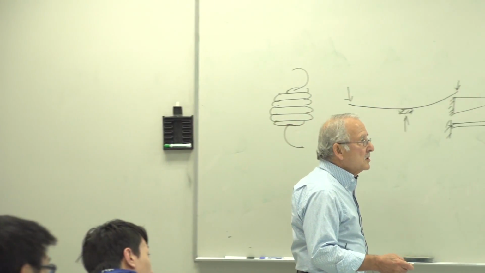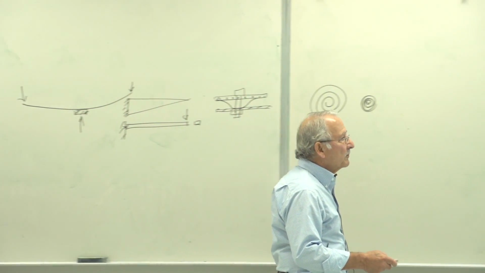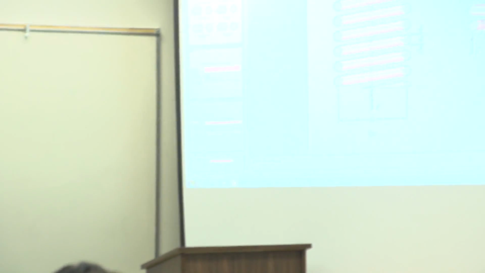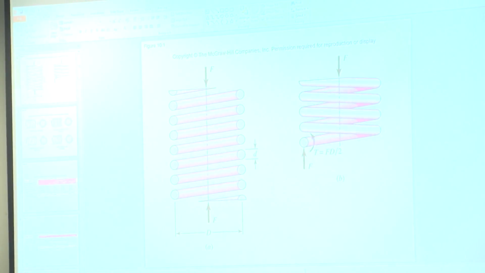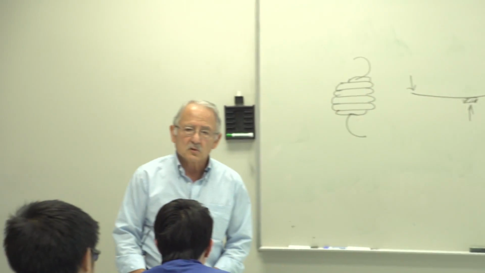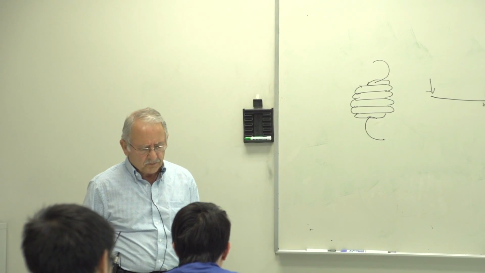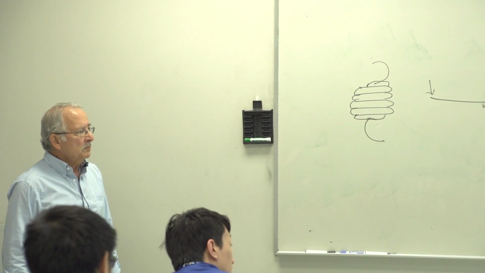So there's the spring here made of these coils. The way they make these springs is that they take the wire and wind it around the mandrel. And sometimes they use high-strength wire, sometimes low-strength wire, hard-drawn, cold-worked, all sorts of these.